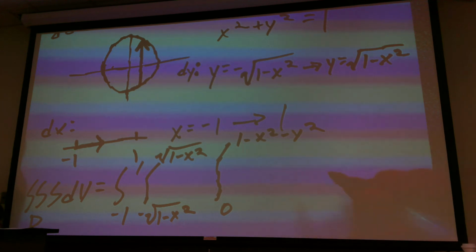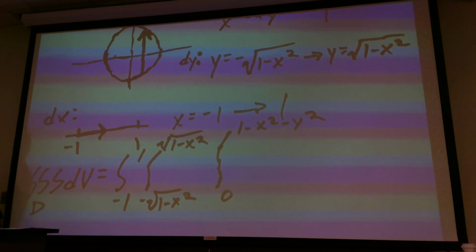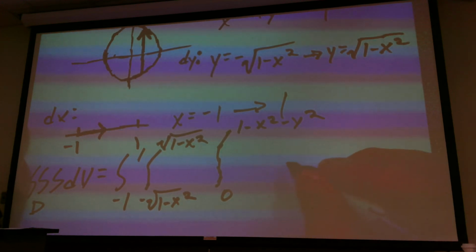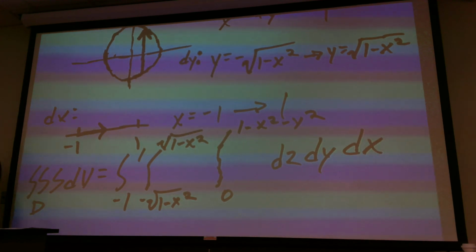And we're just calculating the volume, so it's not over a vector field or anything. So this would be dz dy dx. Okay, so that's how we would formulate that.